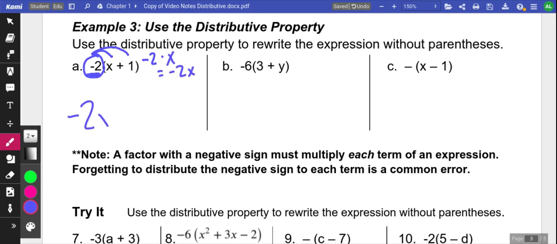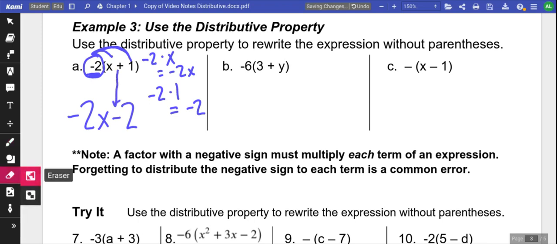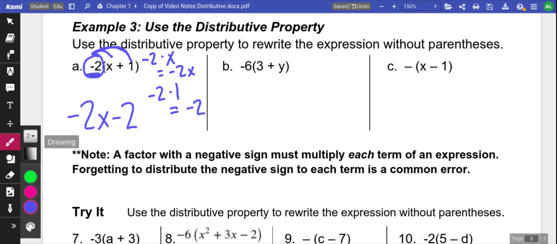It's negative 2x. Negative 2 times 1 is also negative 2. So I've got negative 2x minus 2. That's why you want to be careful. It's not just bringing down the same sign as you see in your parentheses. You have to make sure you're distributing and being careful with those plus and minus signs. Go ahead and circle that. That's your final answer. You can't combine any of those terms.